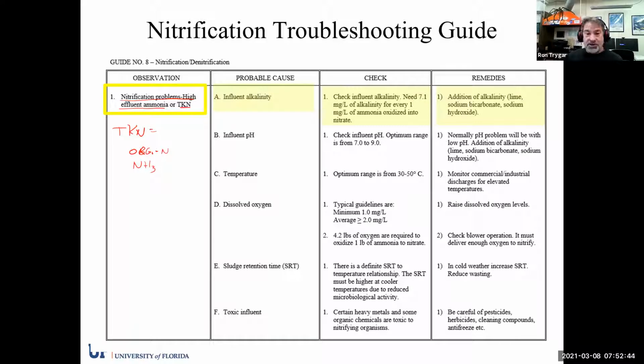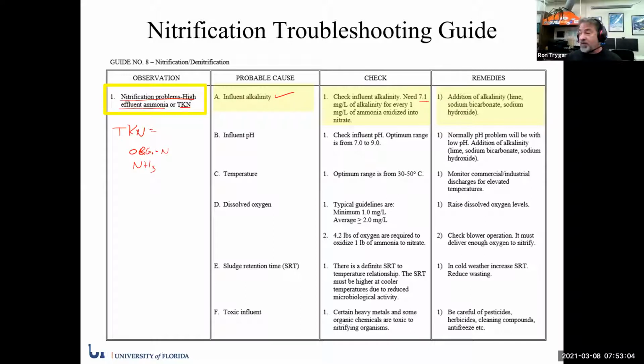So what can cause high effluent TKN? Well, number one on the list is the influent alkalinity being too low. It says here that's probable cause A, not enough influent alkalinity. It says check the influent alkalinity. We will need about 7.1 milligrams for every 1 milligram of ammonia that's going to be oxidized.